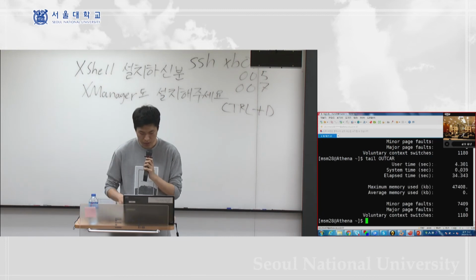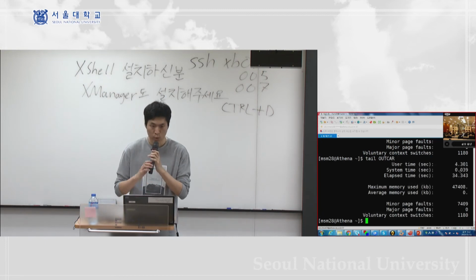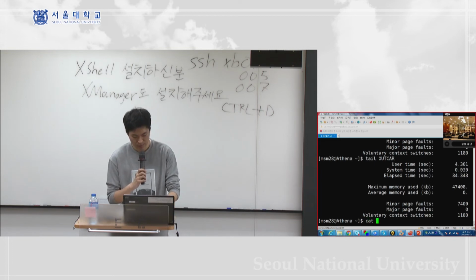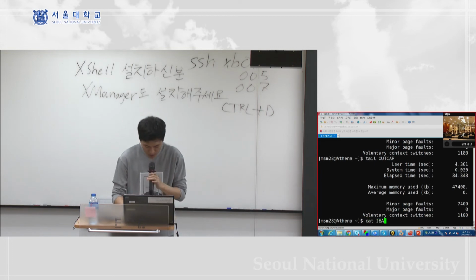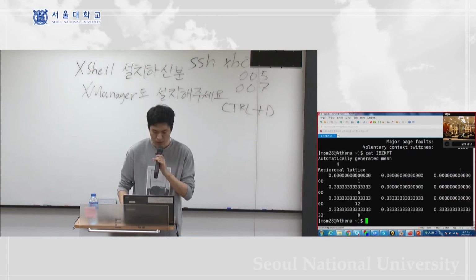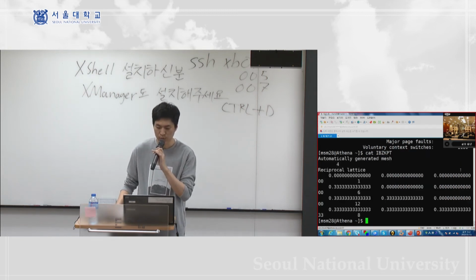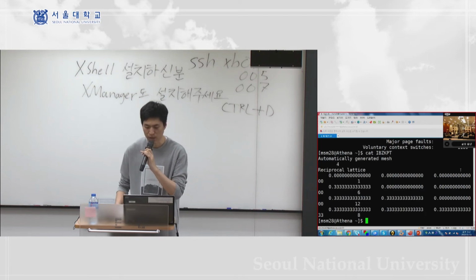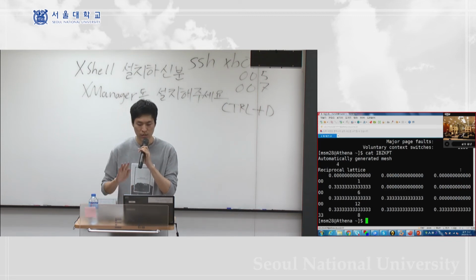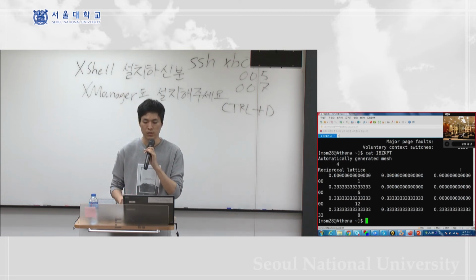And also we can see the kpoint information in the IBZKPT file. So this is the irreducible Brillouin zone kpoint file, and this file contains the kpoints in the irreducible Brillouin zone.